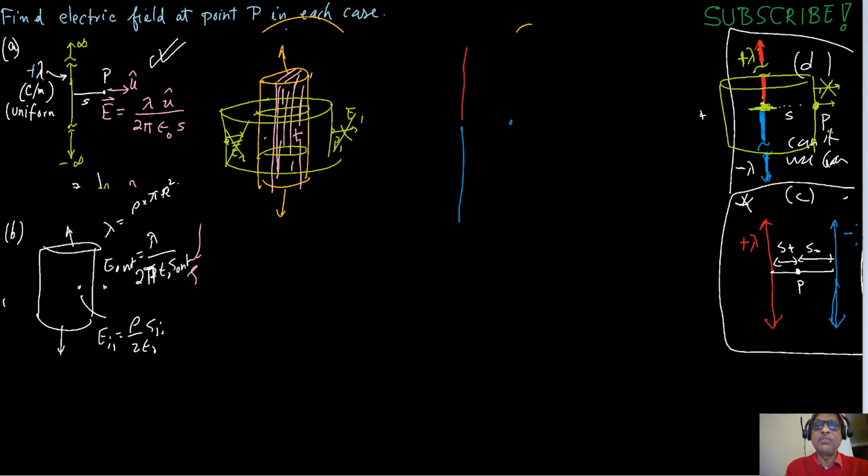So how do you find the electric field of this half? Well, let's call this the z-axis, and this the x-axis, and let's put the field point over here.